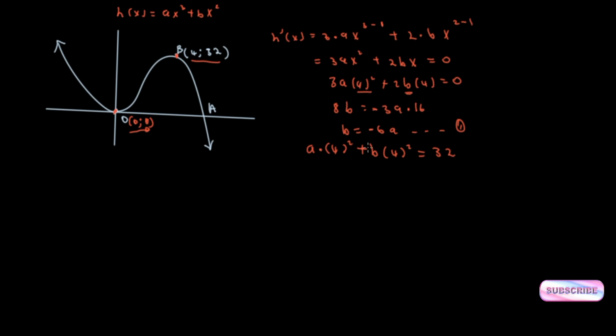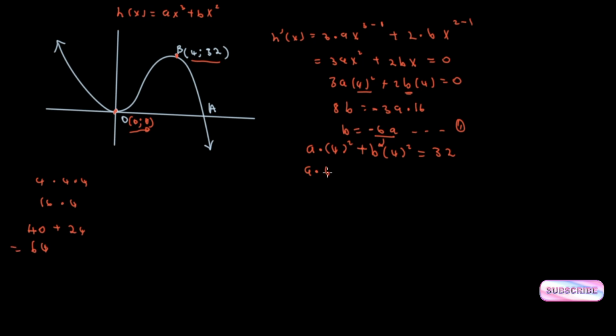Now let's substitute the value of b. a multiplied by 4 multiplied by 4 multiplied by 4 is going to be 16 multiplied by 4, which is 64. And 6 multiplied by 4 is 24.